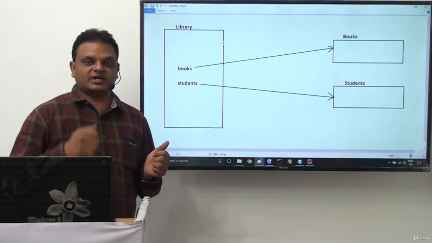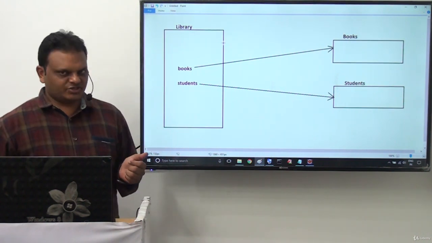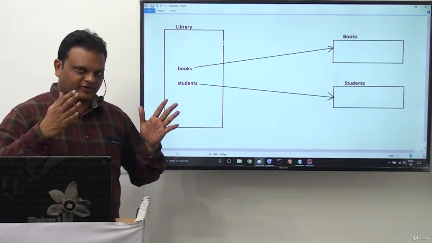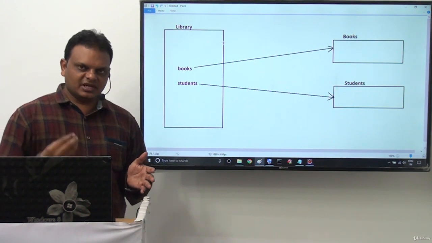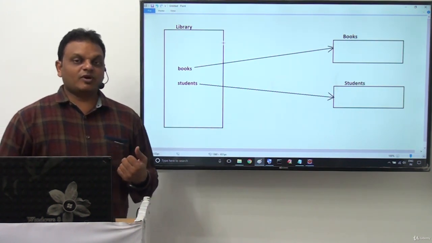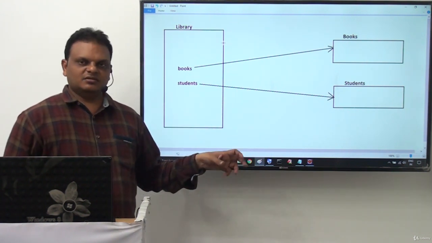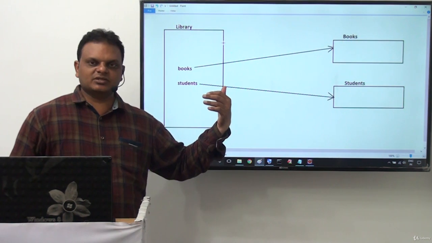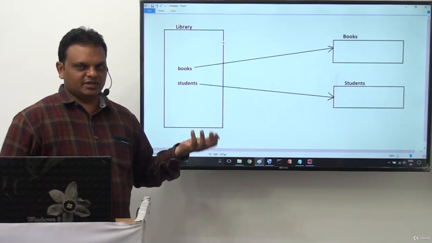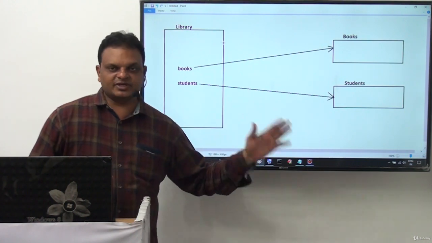Even though we close the container, the content will not be closed. Still the content will exist. So if you close the container but the content still exists, that is weak association. If we close the container, the content must also be closed in the case of strong association.